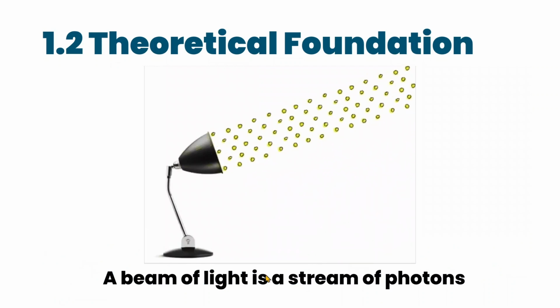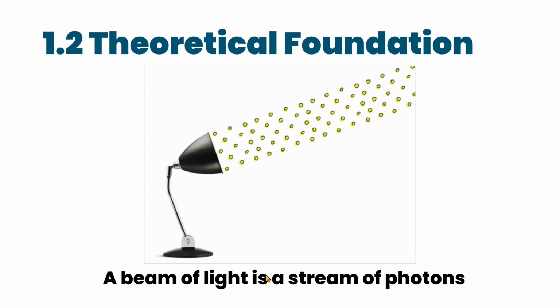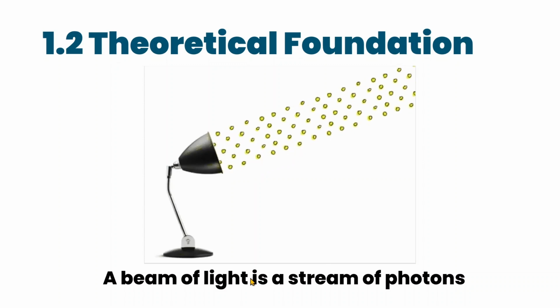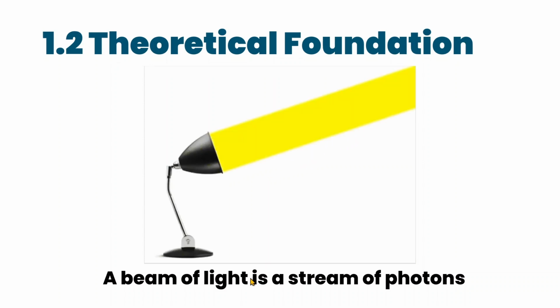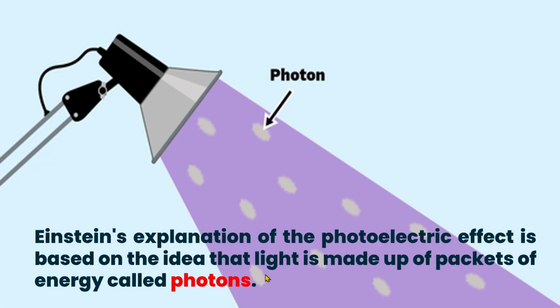Imagine a beam of light coming from a desk lamp. This beam of light is actually a stream of photons, and each photon is equivalent to a specific, discrete amount of energy. Einstein's explanation of the photoelectric effect is based on the idea that light is made up of packets of energy called photons.